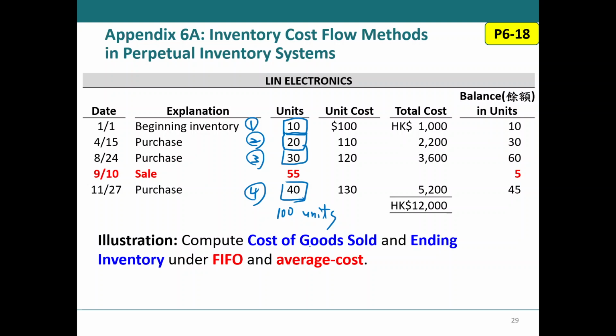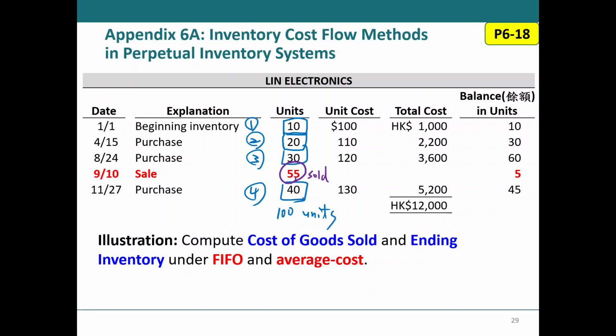But you sold your inventory, how many? 55. You sold your inventory 55, okay? At different unit cost. So could you tell me, based on this data, you sold 55 units from which purchase?